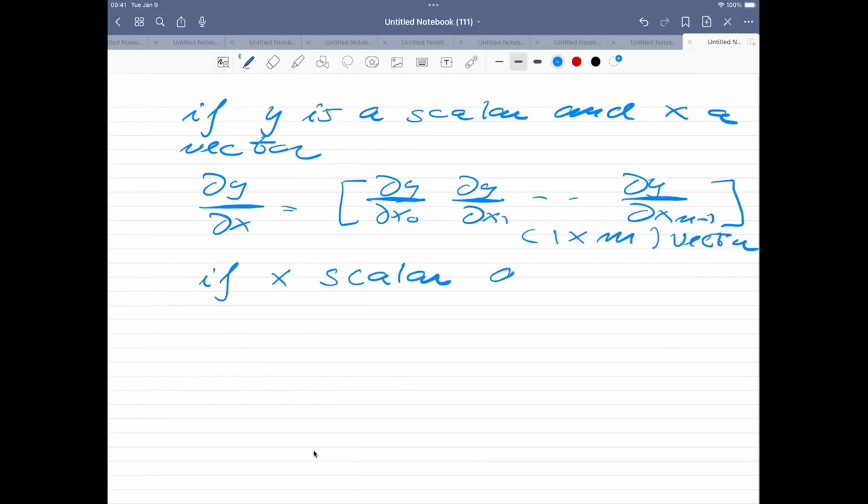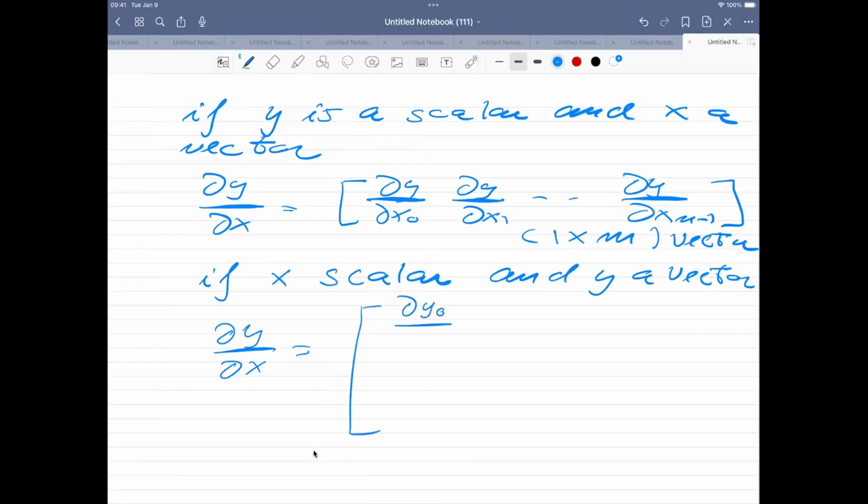If x is a scalar and y a vector of length m, then dy/dx is given by dy0/dx, dy1/dx, and all the way down to dy n minus 1 over dx.